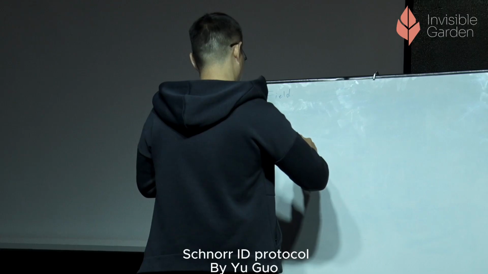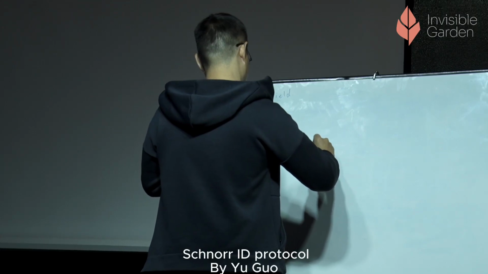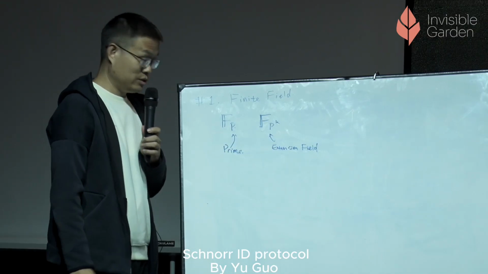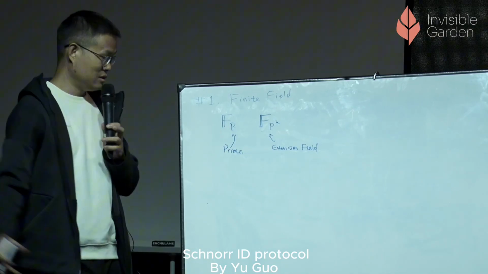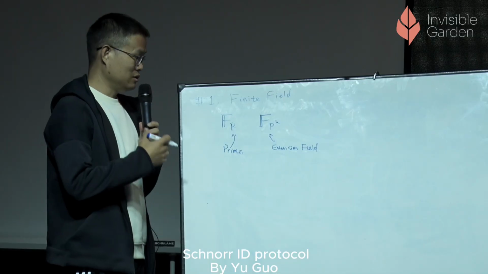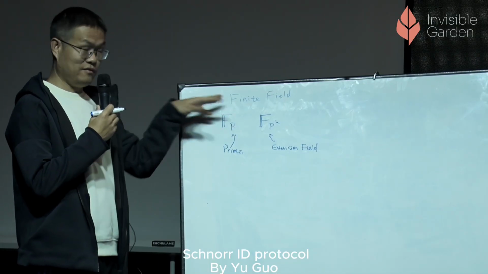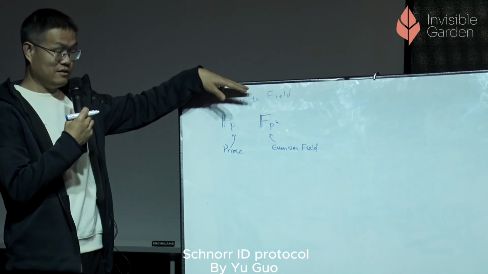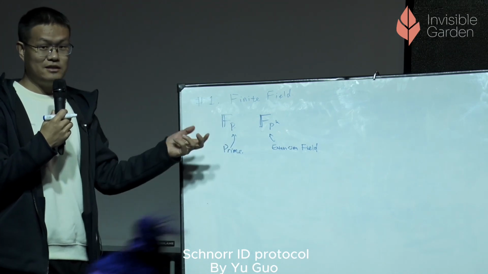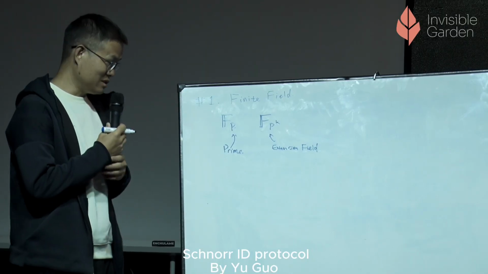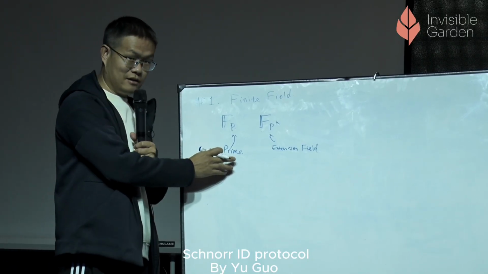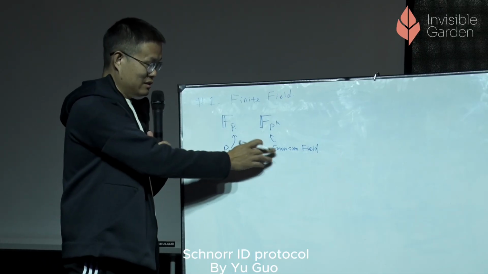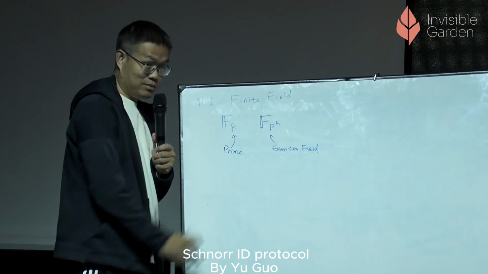An extension field can be treated as a vector of prime field. Finite means the field is a set with a finite number of elements, so either the number of elements is prime, or it's a power of a prime.